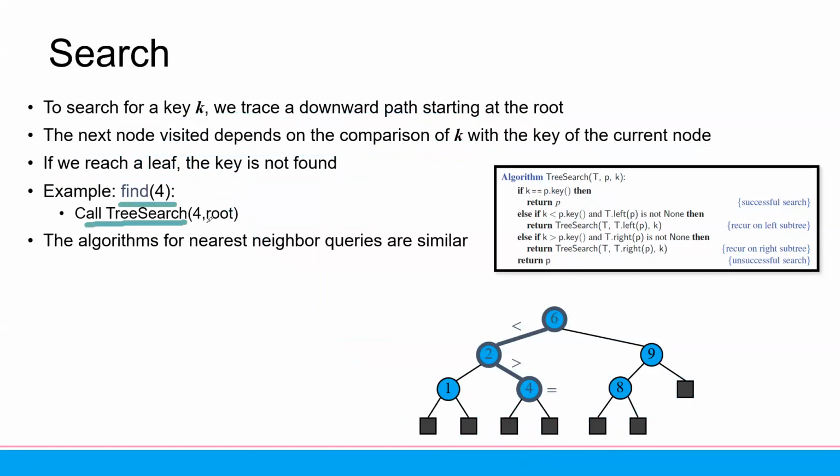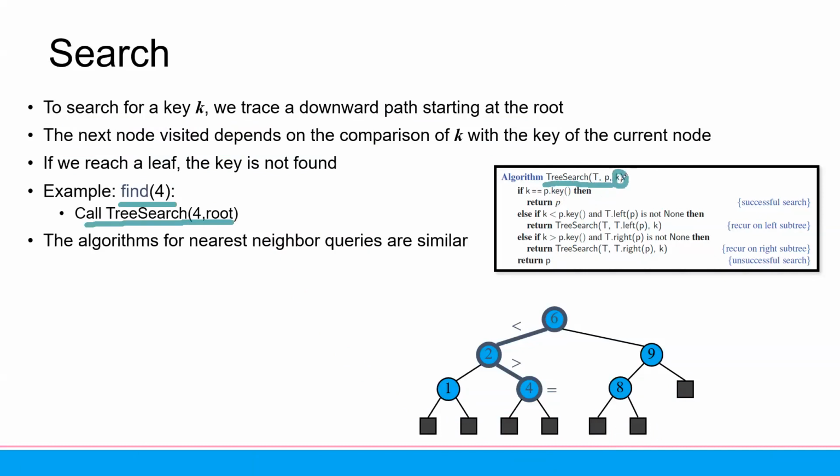So we can use the call tree search for T comma root. So this is the algorithm. T is the tree, okay? And then P is the collection of key, and K is the number that you want to search.